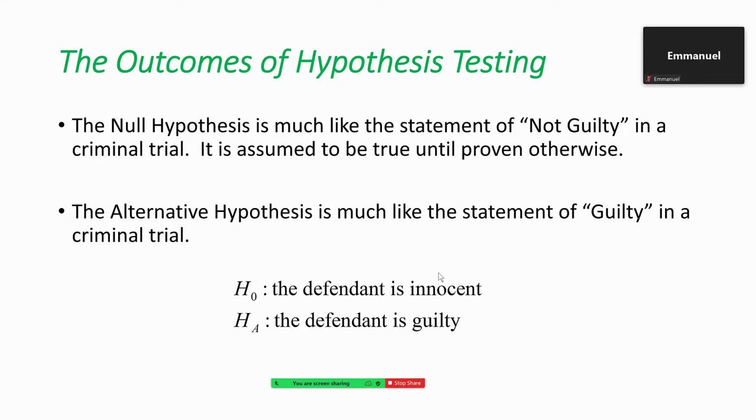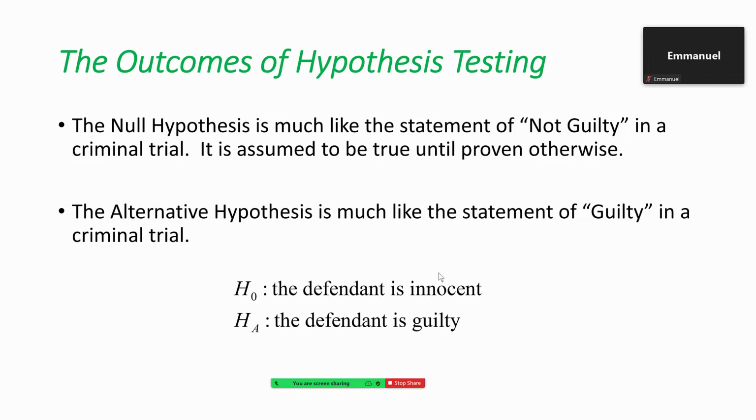So the null hypothesis, we've all seen court shows, law shows. It's like not guilty. It's what we assume to be true until proven otherwise. We assume the null hypothesis is true. It's usually the old information or the given information. And the alternative hypothesis is much like the statement of guilt.